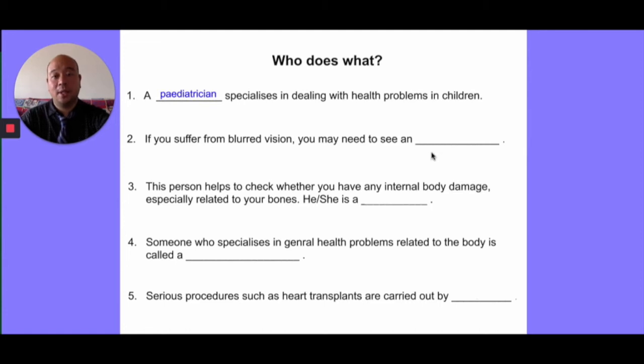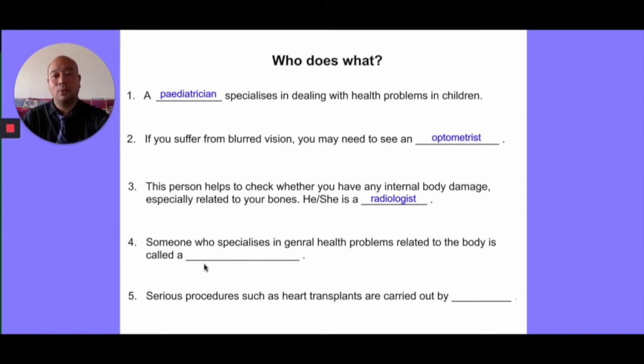Somebody who specializes with eye problems. This is an optometrist. Okay, number 3, this person helps to check whether you have any internal body damage, especially related to your bones. So he or she is a radiologist.